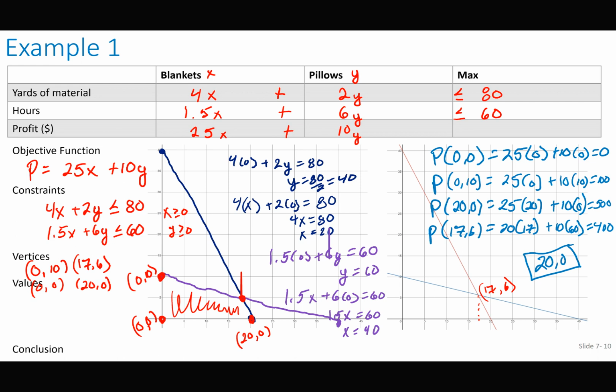Other way around. So 20 blankets and 0 pillows. Okay, so that 20 and 0 tells us to optimize, we only want to make 20 blankets and 0 pillows. Would be the optimal, factoring in the material needed, the hours that it's going to take to do it, and the cost of each one.